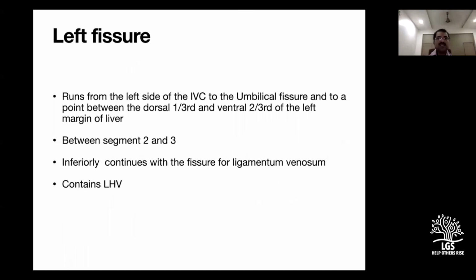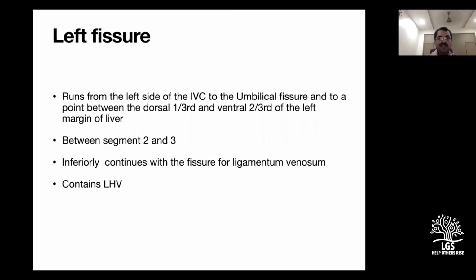The left fissure actually runs from the left side of the IVC to the umbilical fissure and to a point between the dorsal one-third and ventral two-thirds of the left margin of the liver. So the ventral two-thirds represents segments 3 and 4, and the dorsal represents segment 2. When we learn Couinaud's segmental anatomy, it was told that the left posterior sector is the only sector containing a single segment.